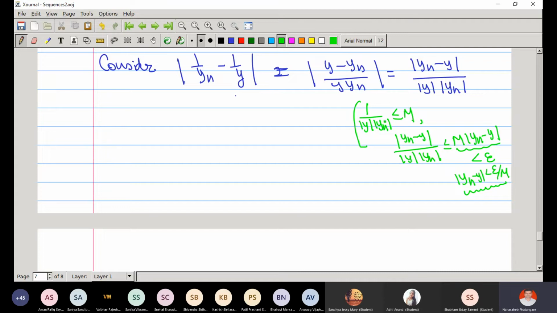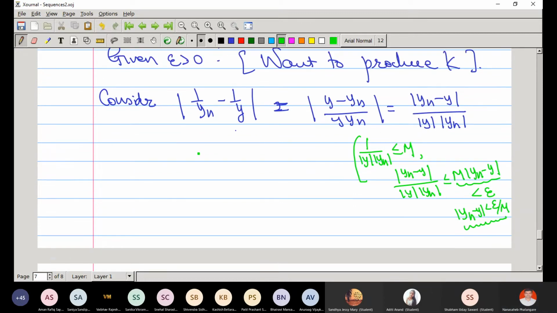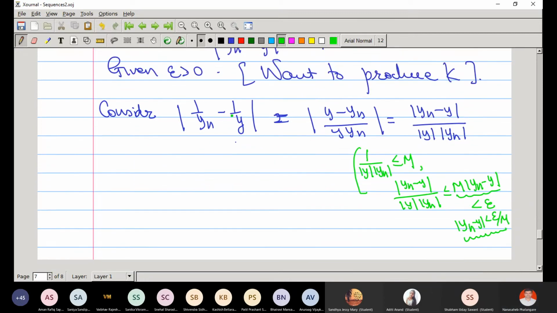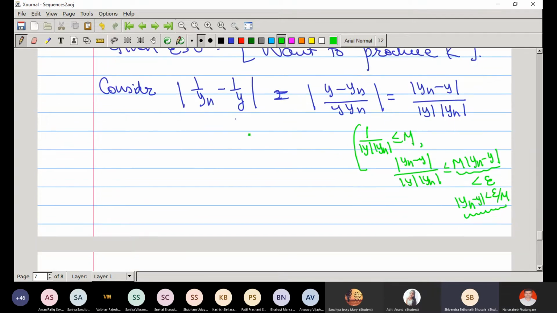Now go to the first point: how to make this less than some number m? The next thing happens if we are able to make this less than epsilon. So how? Sir, can we make a lower bound for yn? Yes, but what is that lower bound?